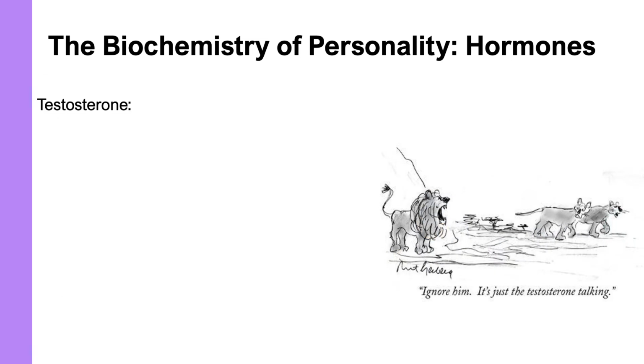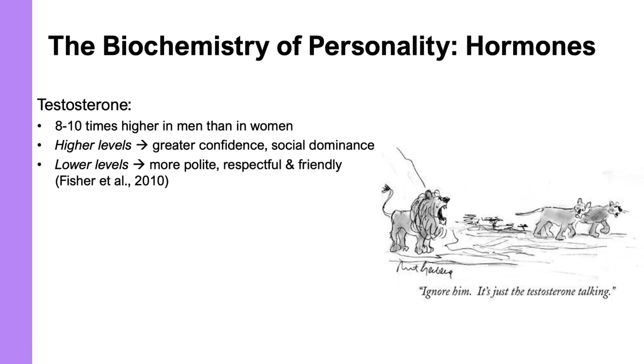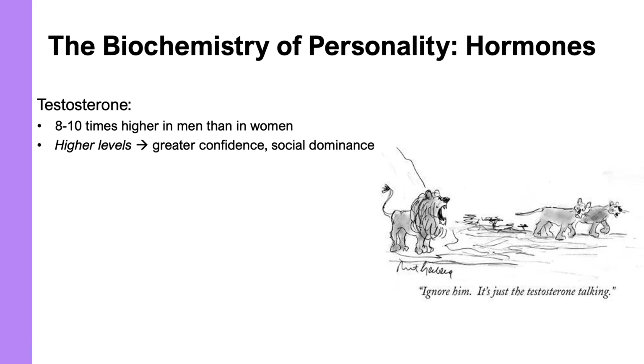Let's talk about testosterone. Now, I mentioned that the concentration in men is about 8 to 10 times higher than in women. And higher levels have been linked to lots of things, including aggression and dominance, but also it's been linked to having greater confidence and feeling more powerful. There's a study by, I believe it's Amy Cuddy.